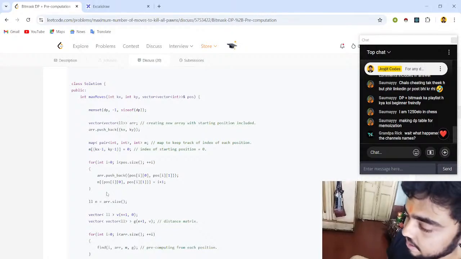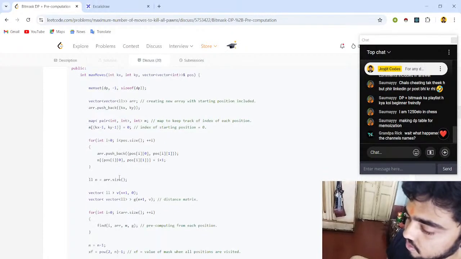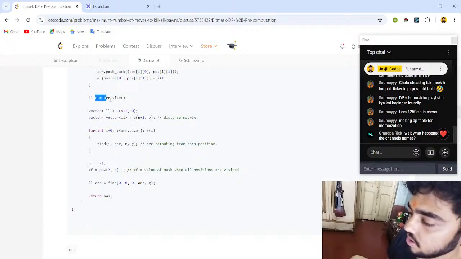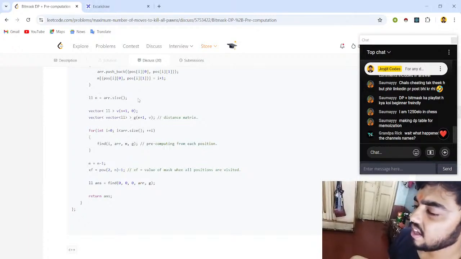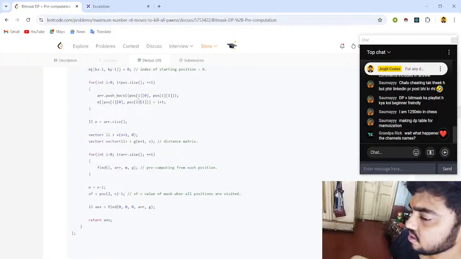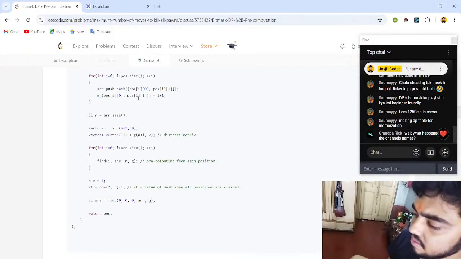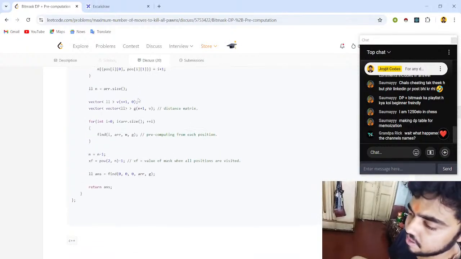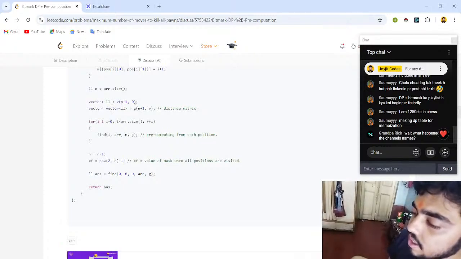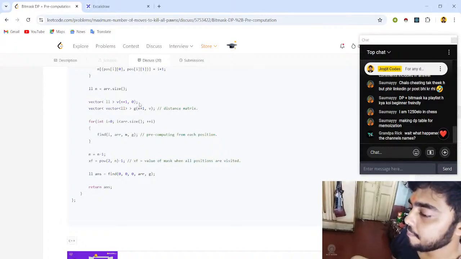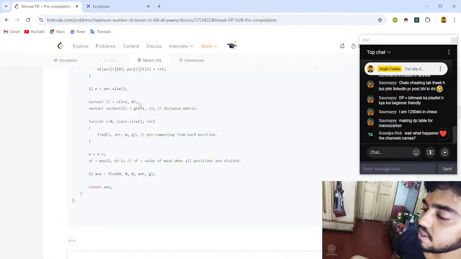So basically, let's say n is equal to the size of the array, which I think is going to be n plus 1, because he made it like that. This thing is a distance matrix. If you know the distance, you can compute how many steps you need to go to that position, right?